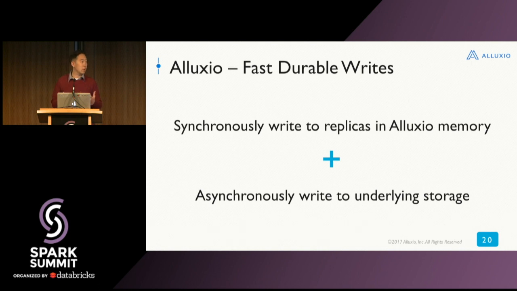This combination of concepts is really powerful, especially when you're putting Alluxio on top of some slower or remote storage. It can really hide the performance penalty that you may pay by reading and writing to something like an object store. This is a brief summary of what the fast durable writes feature is.